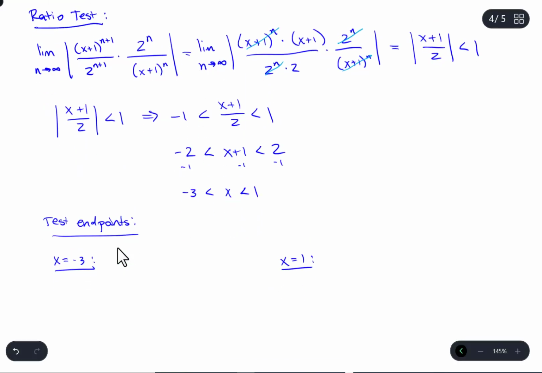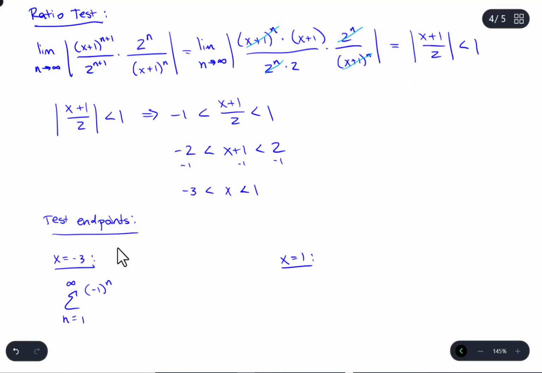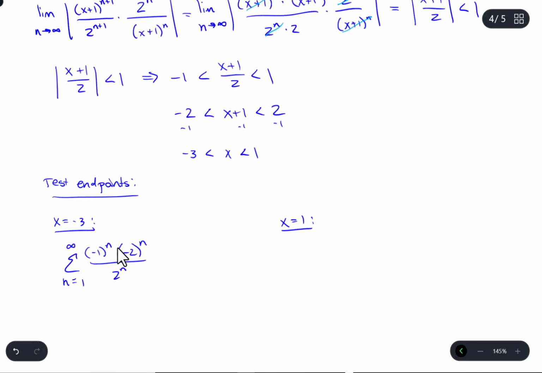I would have the sum n equals 1 to infinity of -1 to the n, and then x gets replaced with -3, so -3 plus 1 is going to be -2 to the n over 2 to the n. All right, and then when x is 1, I'm going to have this sum, n equals 1 to infinity, -1 to the n, and this would be 2 to the n over 2 to the n.